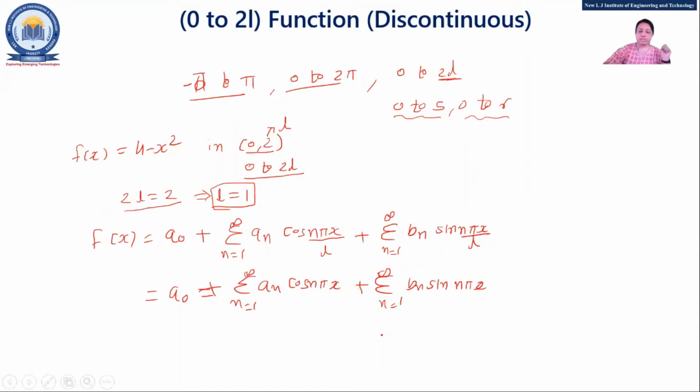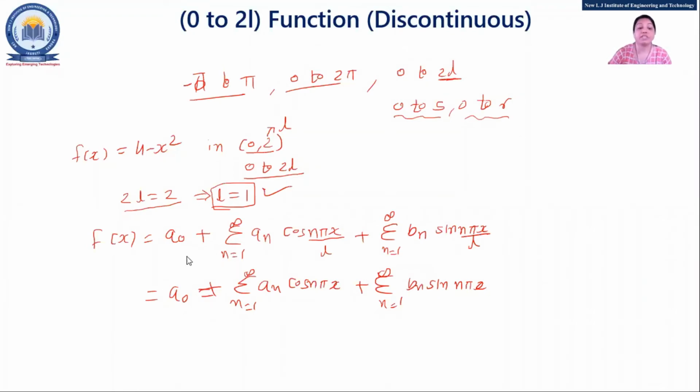Is there any doubt here? 0 to 2L, so you need to find L first. This is the equation of the Fourier series, a0 plus this, where n pi x by L, and here you need to put the value of L. And again, you can find a0, an and bn simply.